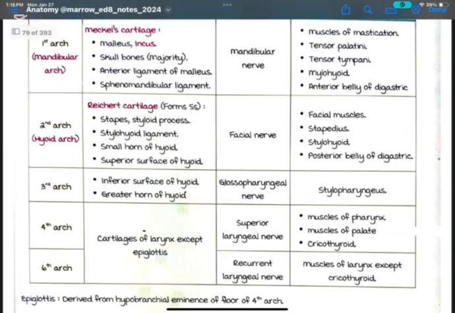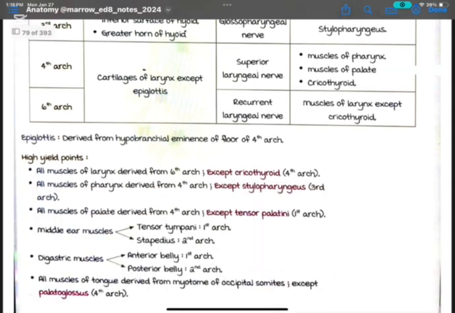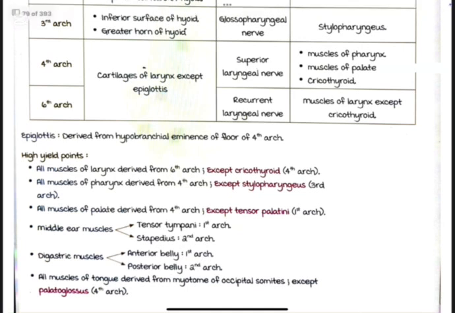Muscles innervated by the superior laryngeal nerve are muscles of the fourth arch: muscles of pharynx, muscles of palate, cricothyroid. Sixth arch, recurrent laryngeal nerve: muscles of larynx except cricothyroid. Epiglottis is derived from the hypobranchial eminence of the floor of the fourth arch.